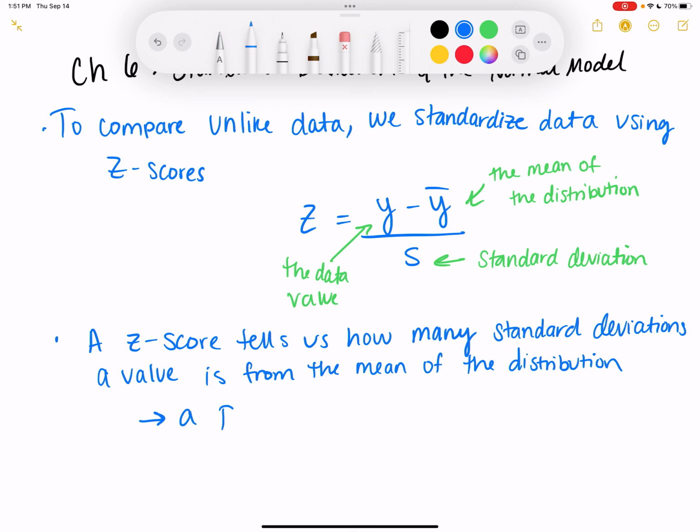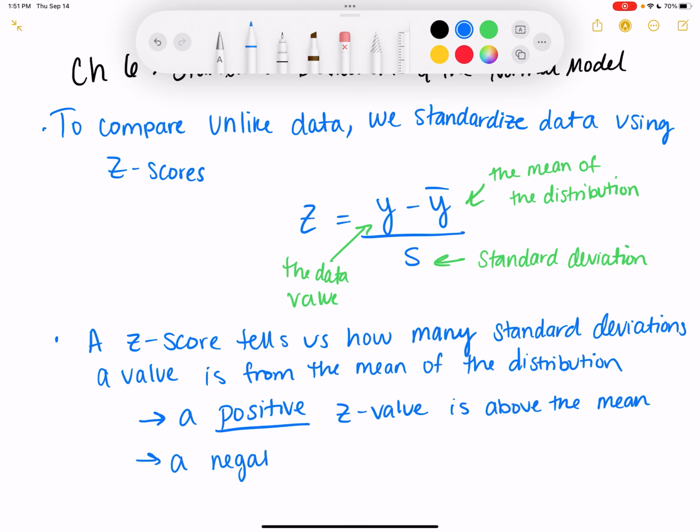A positive z-value is above the mean. A negative z-value is below the mean.